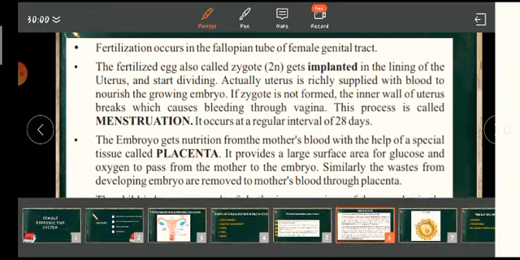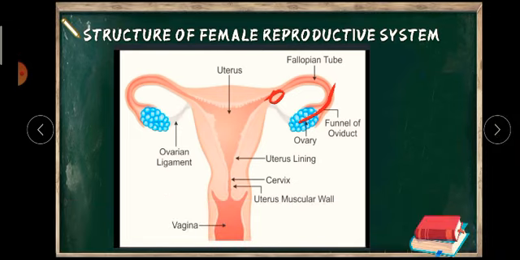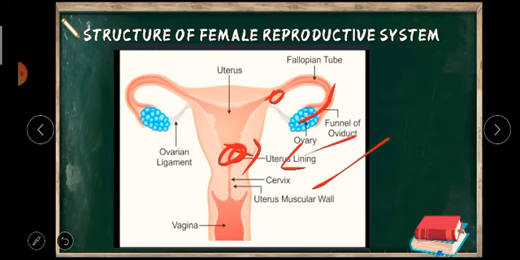As soon as the woman becomes pregnant, the zygote goes inside the uterus lining and starts taking all the food and nutrition from it. Through which structure does it take this?